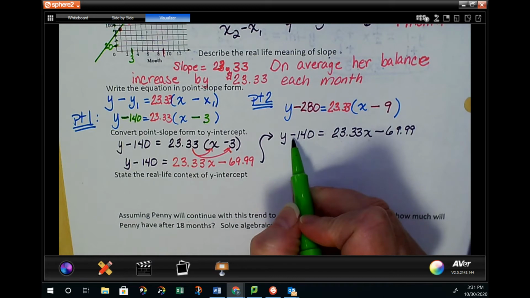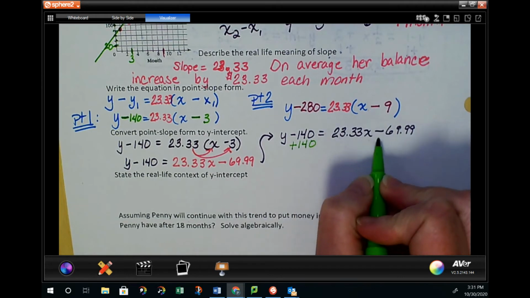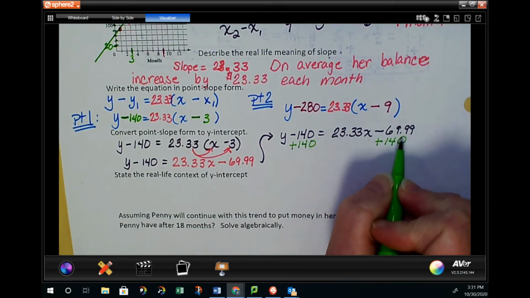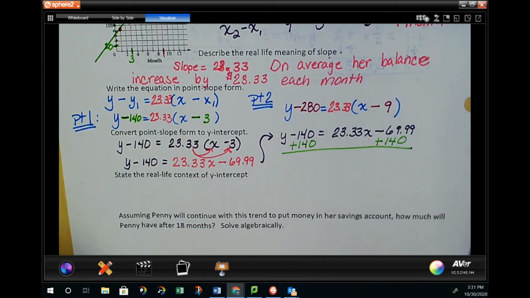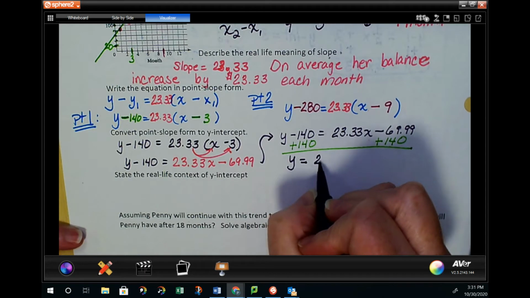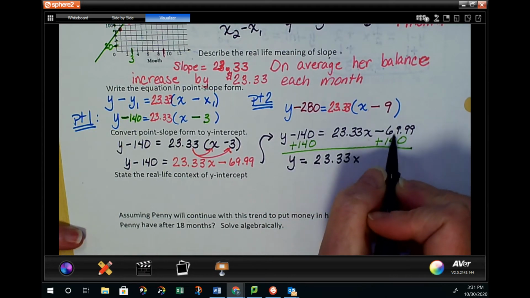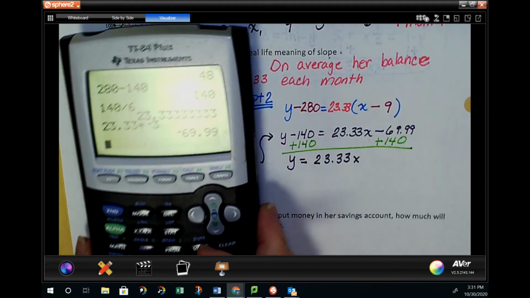So the opposite of subtracting 140 is going to add 140, 140, and then you get y equals, and you have 23.33x and negative 69.99 plus 140.